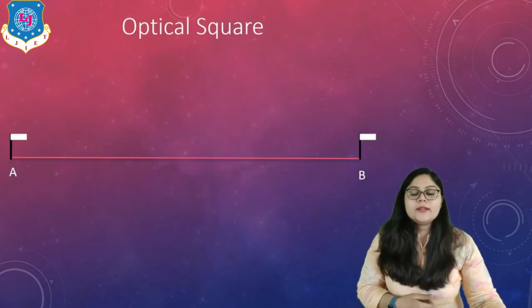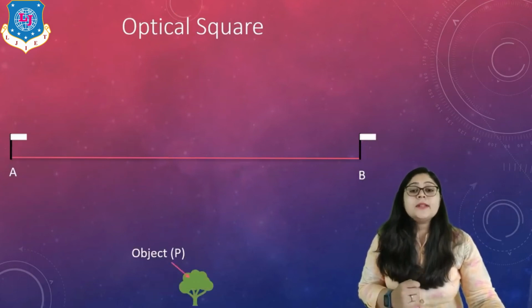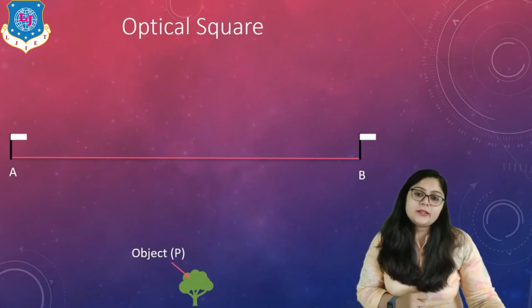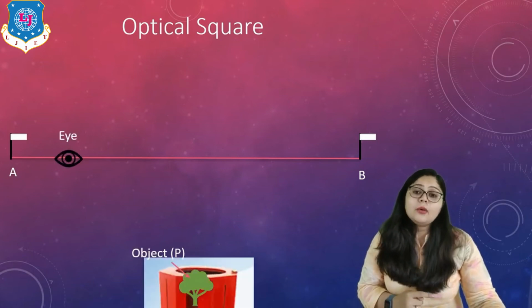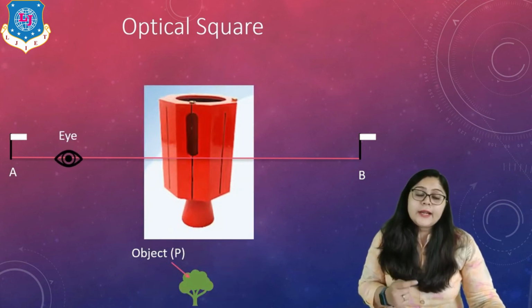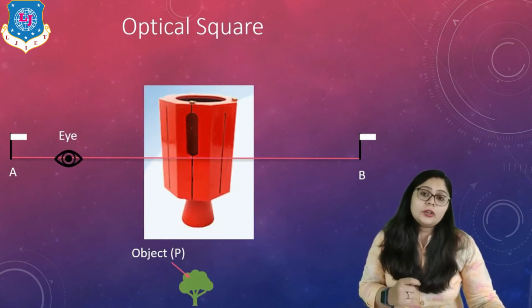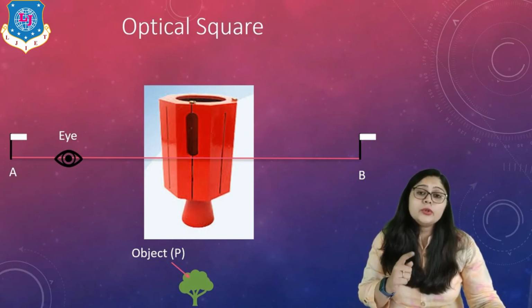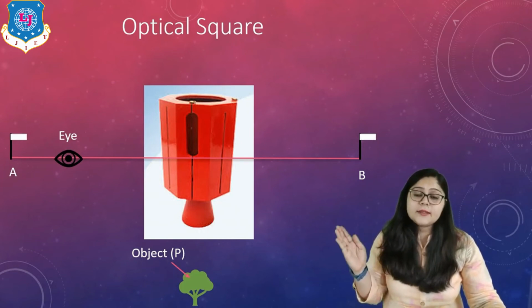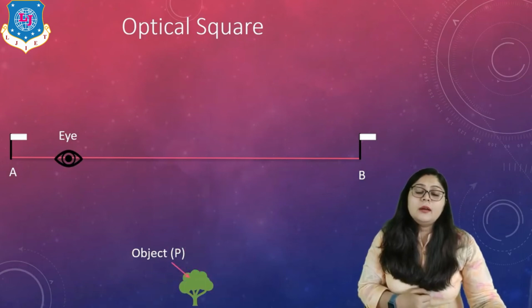Here on screen you can see stations A and B are there, and a tree, it means an offset or an object is there. Now I have to identify if this object is at 90 degree or not. For that, if I am going to use the optical square which looks like this, how is the procedure to be?